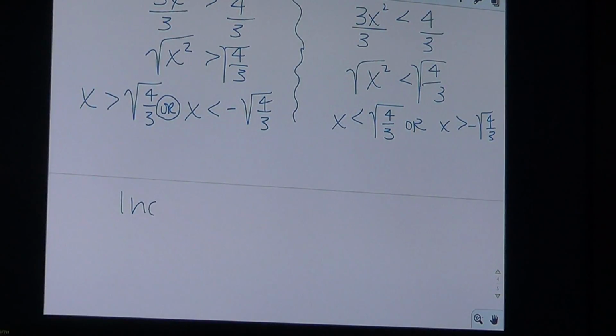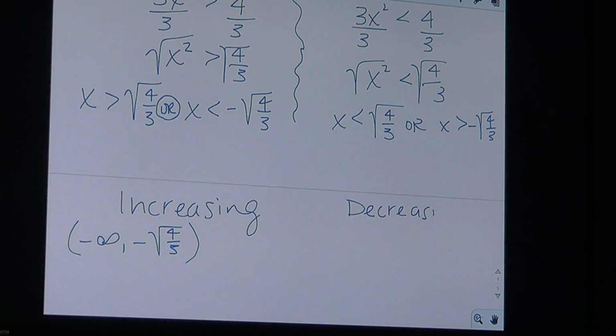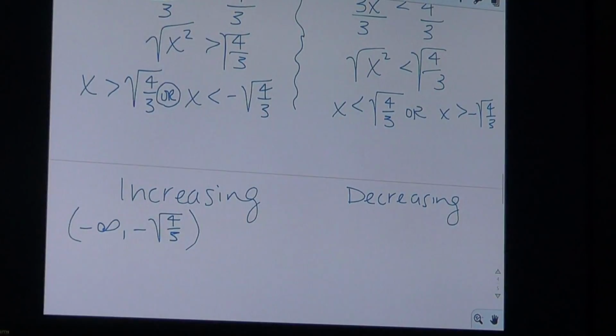It's increasing on the interval from negative infinity to negative square root of 4 over 3, and also from square root of 4 over 3 to infinity.